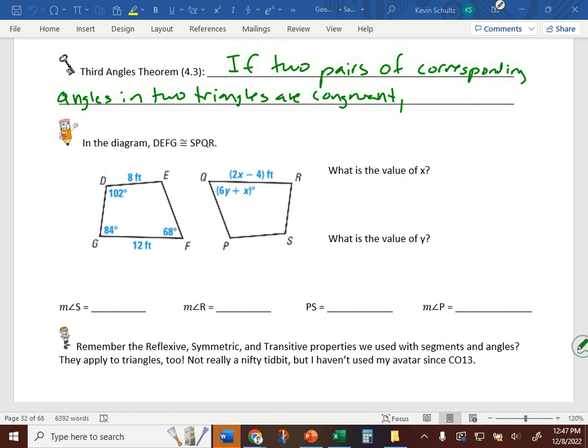This is going to be an if-then statement because we got that if there. If two pairs of corresponding angles in two triangles are congruent, then the third pair is also congruent.